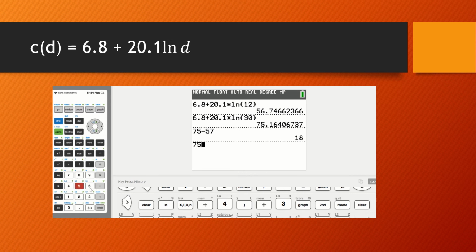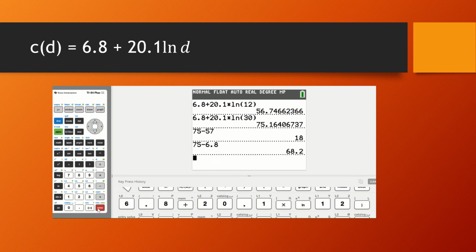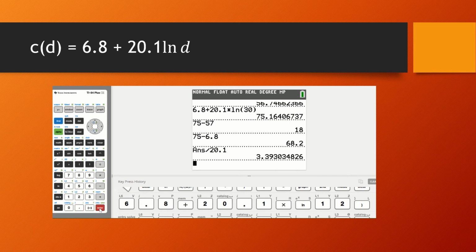And let's first subtract the 6.8 from both sides. All right, that's 68.2. And then let's divide that by 20.1, which would just leave us with the natural log of D. So that equals 3.39.